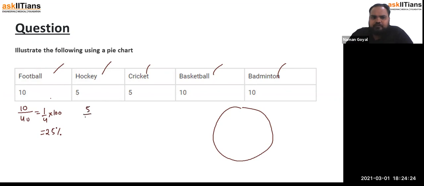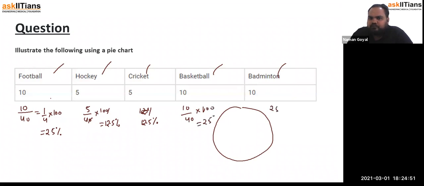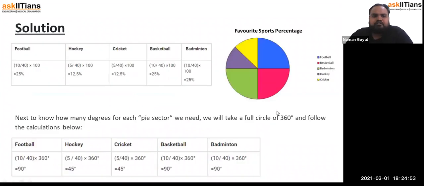It is 5 by 40 into 100, so it is 50 by 4, which is 12.5%, right? And this is also 5, so it is also 12.5%. Then 10 upon 40 into 100 is 25%, and this is also 25%.